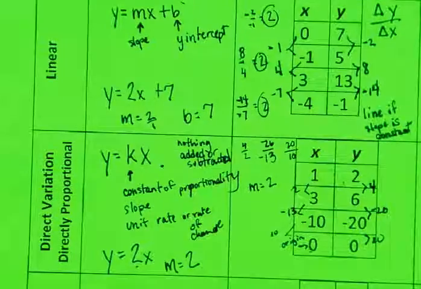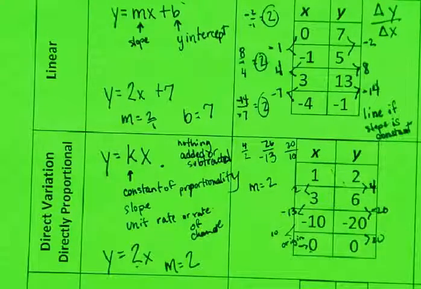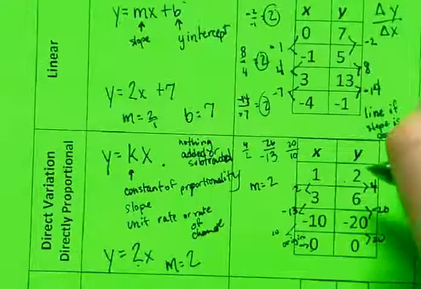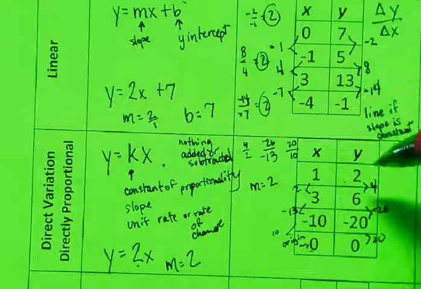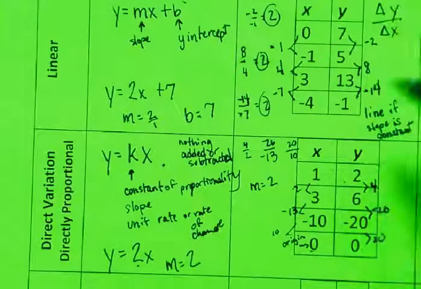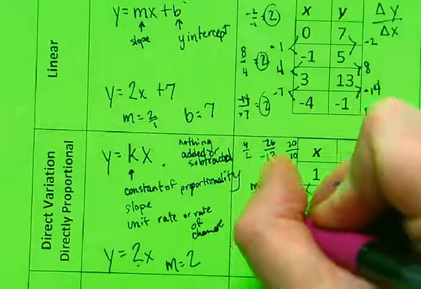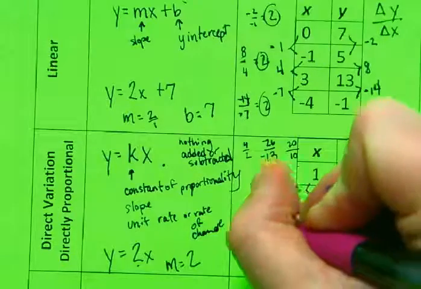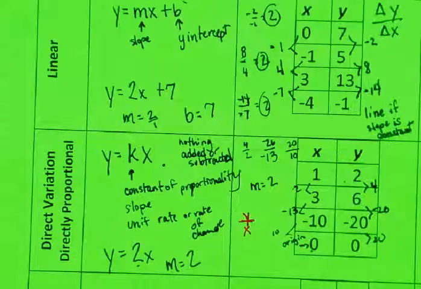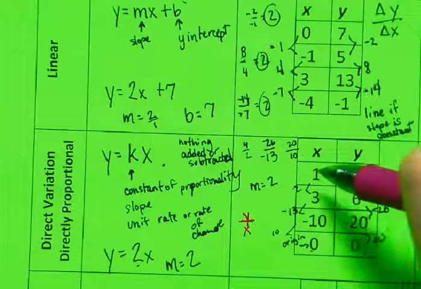Now, that's not what's fun about proportions. What's super cool about proportions is that I could find that constant of proportionality by dividing y by x, and it only works for proportions. So you can look at a table and determine if it's a proportion by dividing y by x.